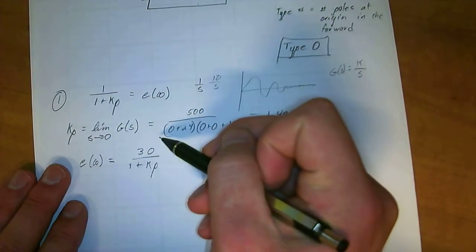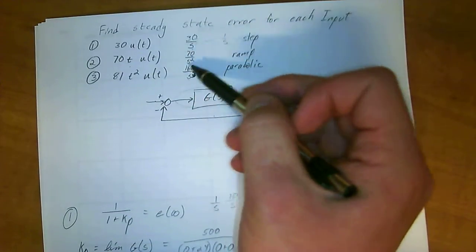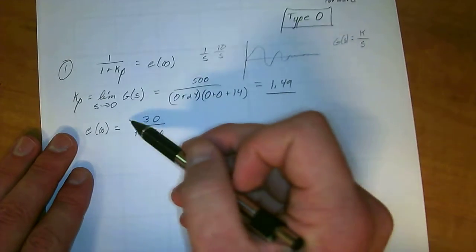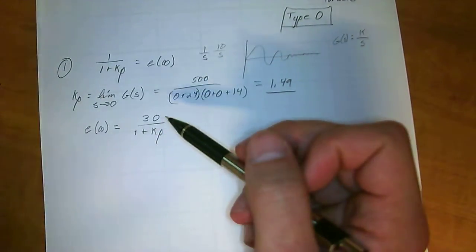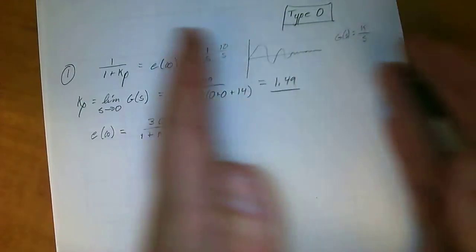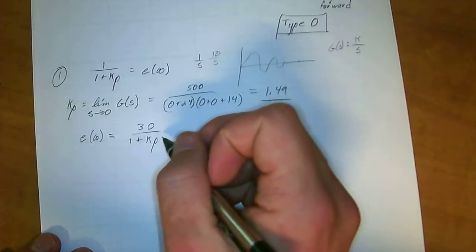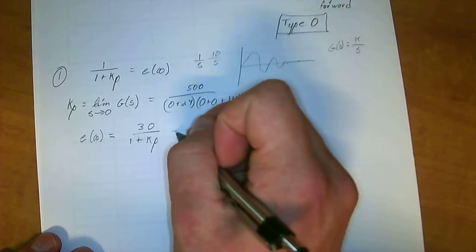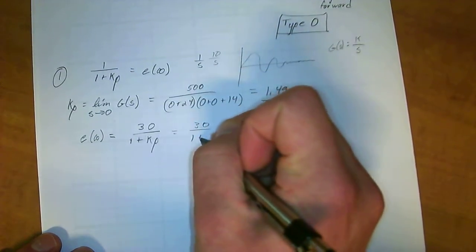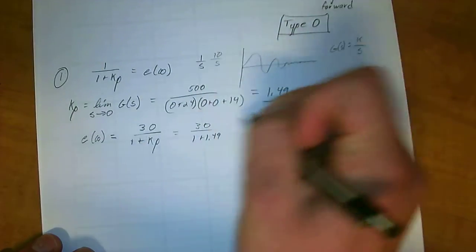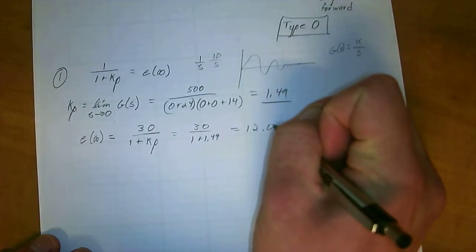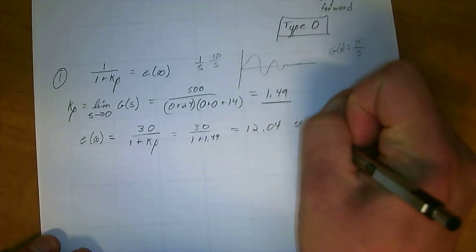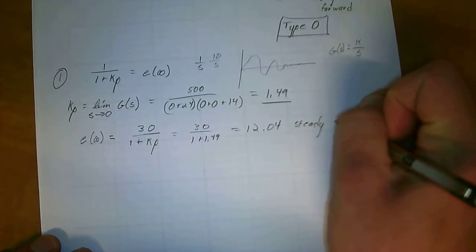And in our case, if you have a 30 over s system, as we do up here, this is the input, then the numerator changes to 30. And you have to remember that. It's something that's really easy to forget, but you got to make sure that you keep the numbers going all the way through. Alright, so doing this, we end up with 30 over 1 plus 1.49 coming from here. And doing the calculation for that, it's 12.04 is your steady state error.